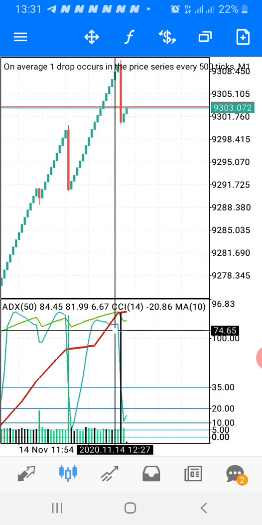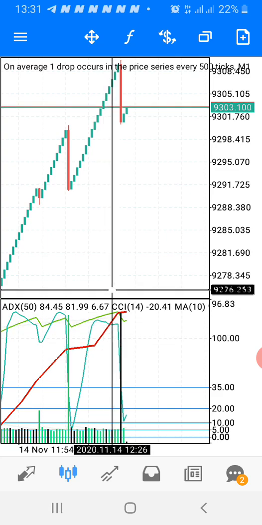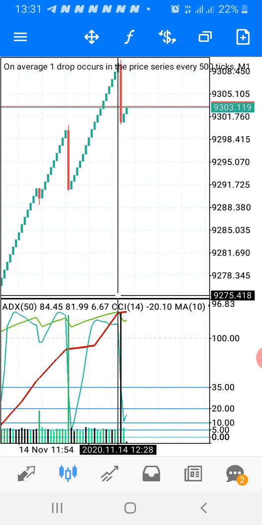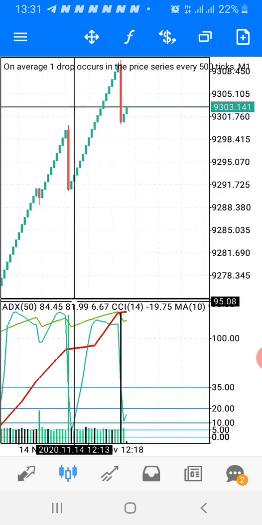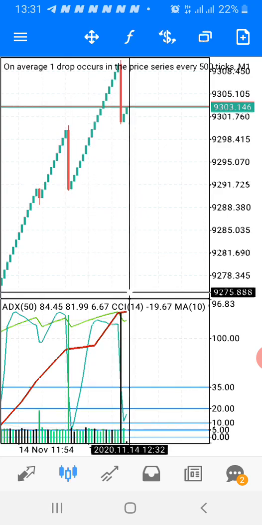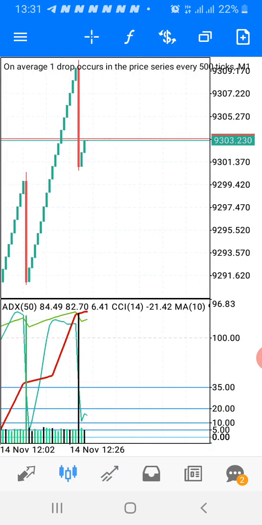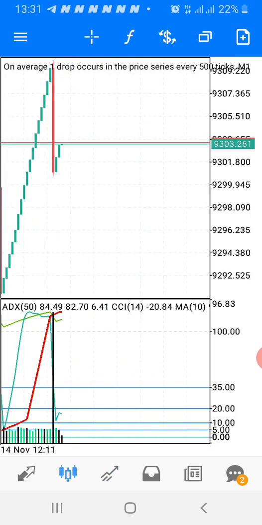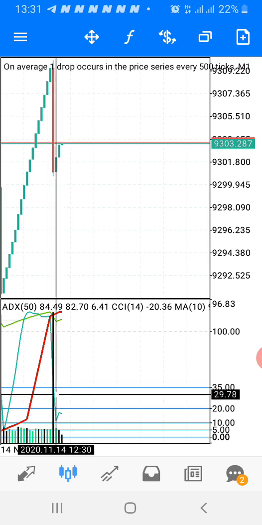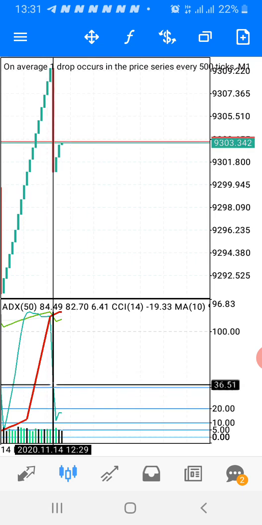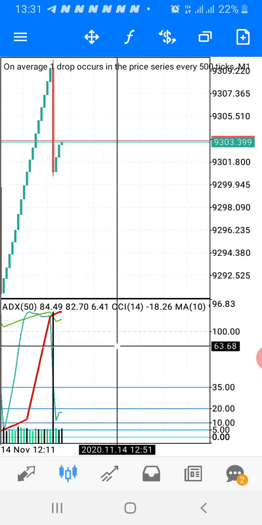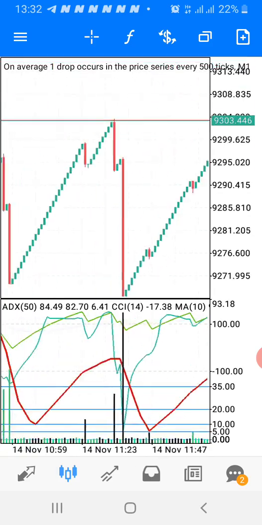I entered this market here, and you see, I caught the spike, though I was busy doing other things, so I couldn't close the trade. But since this candle is a black one, I'm expecting another spike. So I will hold on for the market.